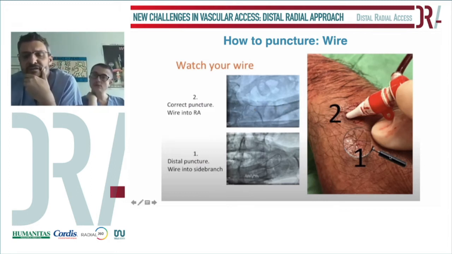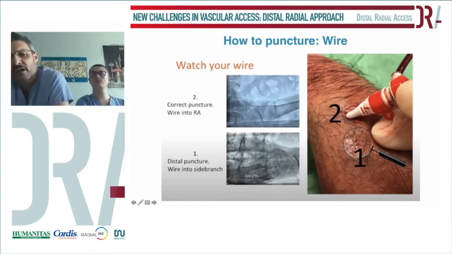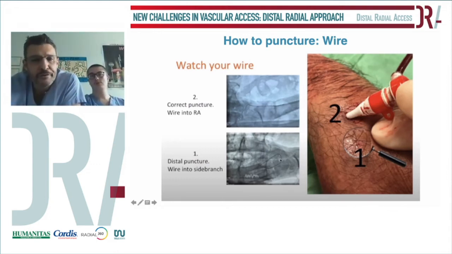But if you puncture the distal radial in the dorsal part of the artery, you can have this problem that the wire goes into the dorsal branch.